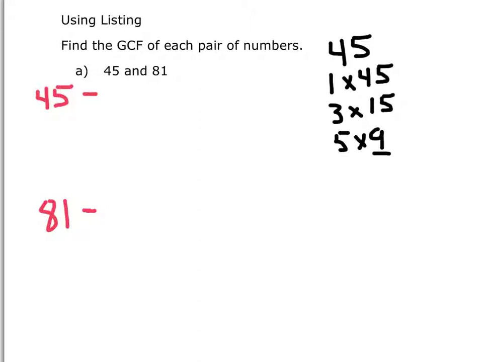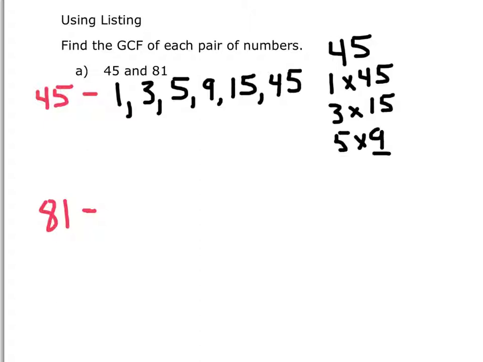So I stop. These are all the factors of 45. So I'm going to put that in a list. So I have 1, 3, 5, 9, 15, and 45. Okay, so those are all the factors of 45.